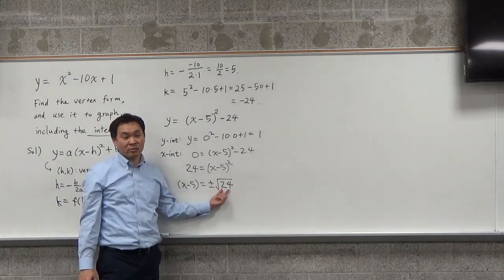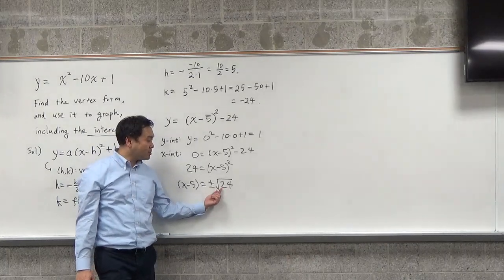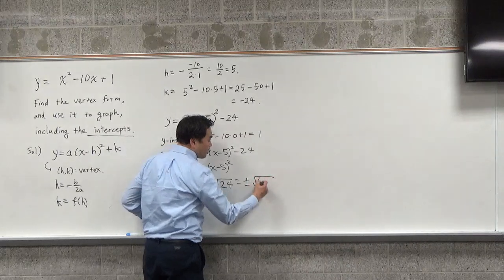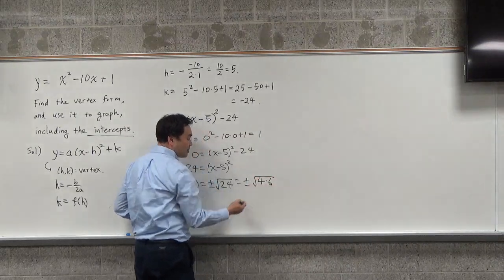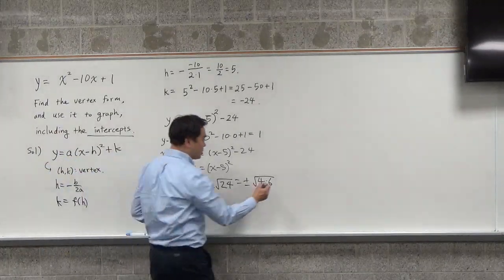What's a square factor in 24? Does it have 2 squared as a factor? 2 squared is 4. 4 times what is 24? 6. So 4 is indeed a square factor. So once you write this 24 as 4 times 6, this 4 can come outside the square root as what? 2.